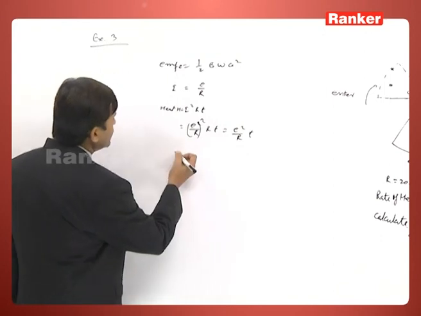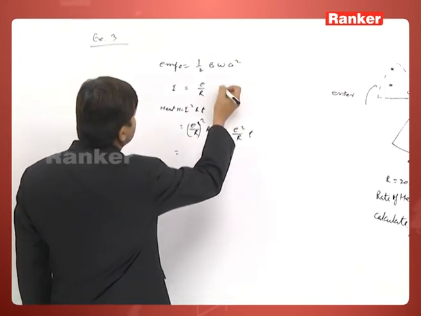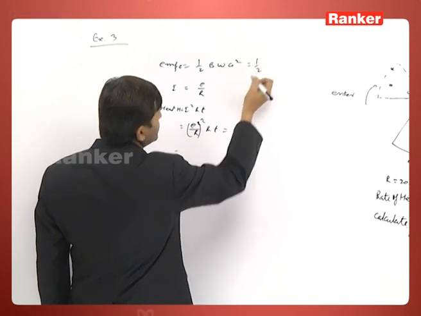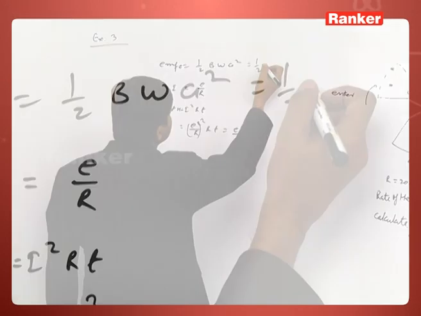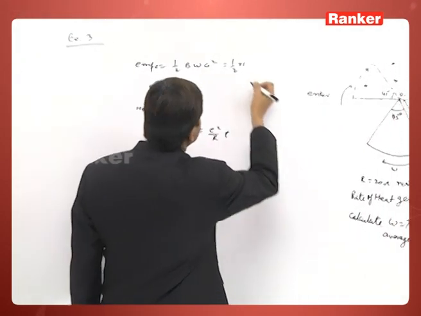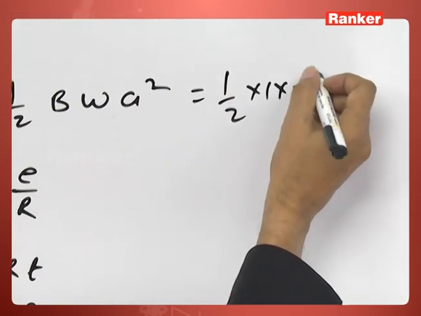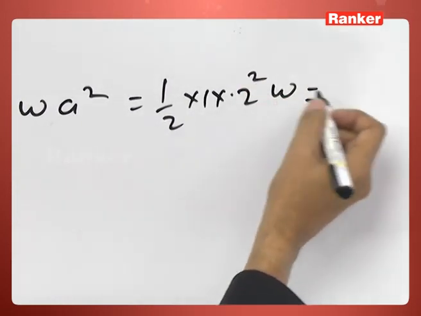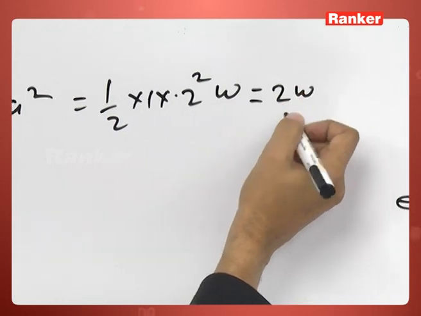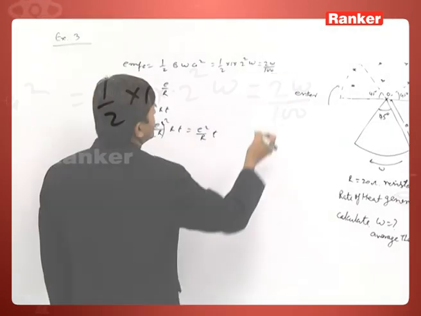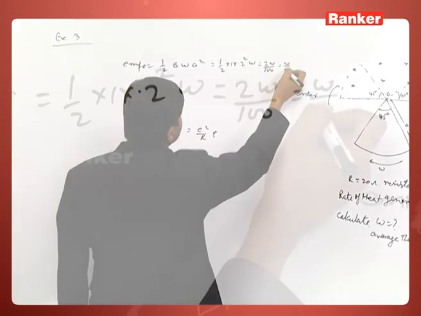So first of all, E square. We can get the E value here: half, B is given as 1 Tesla, A is given as 0.2, 0.2 square into omega. So this is 2 omega by 100, or omega by 50.